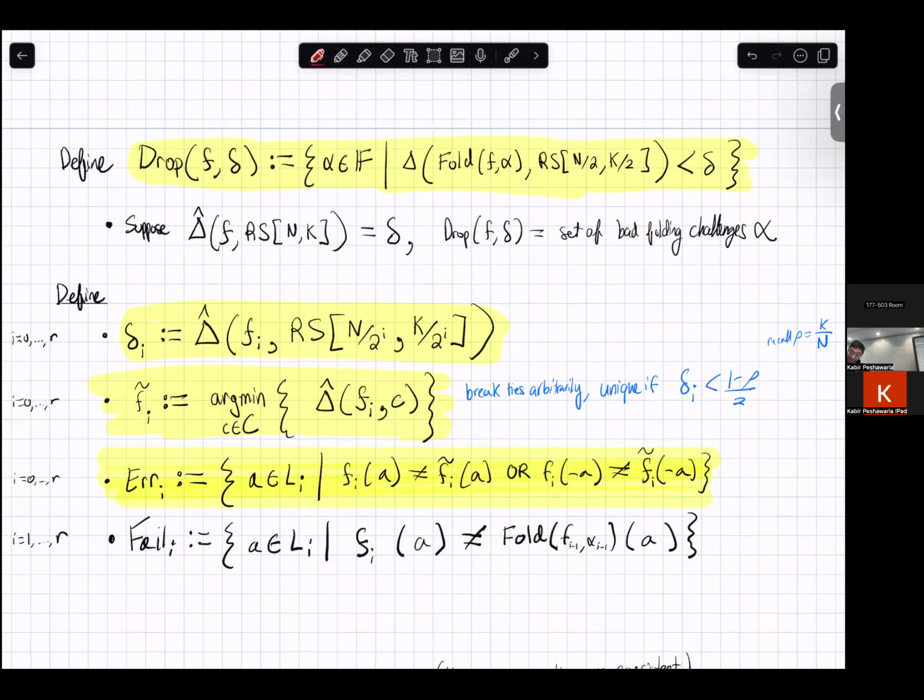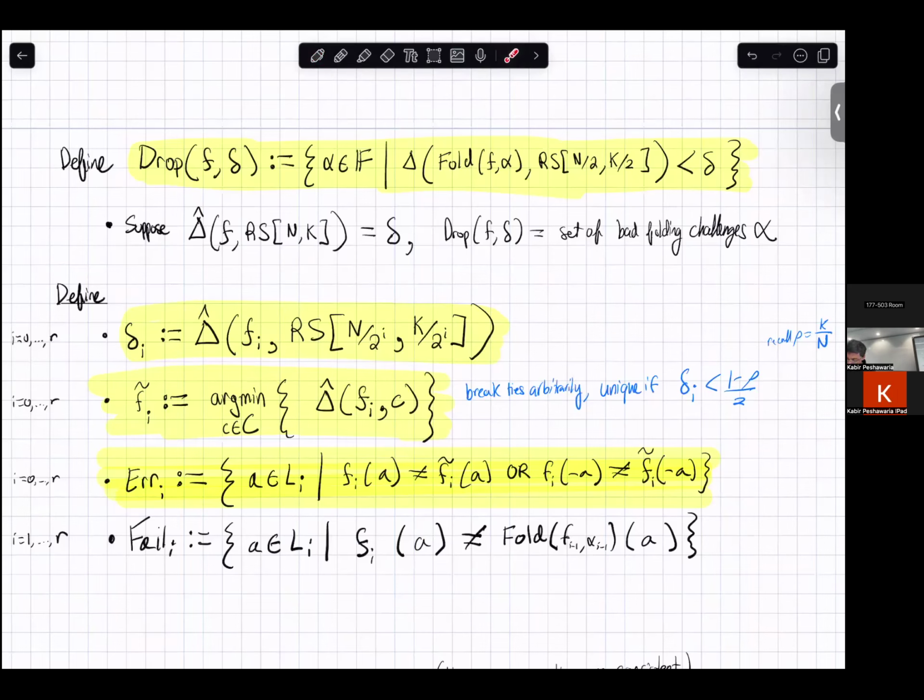Drop f of delta is going to be the set of bad alphas, bad folding challenges, such that when I fold f on alpha, my result is actually smaller than delta in distance. Let's look at this first. Something very subtle is going to happen here, and I want to belabor the point.